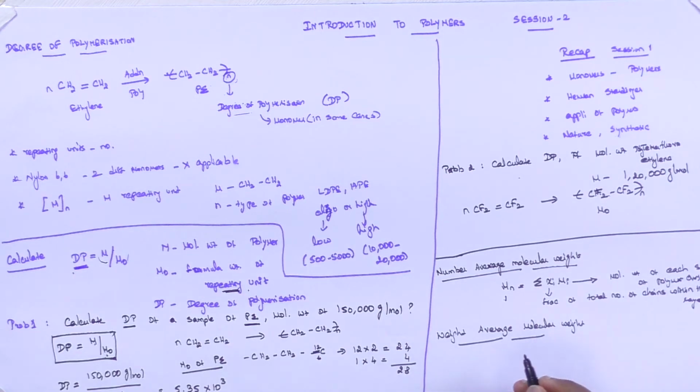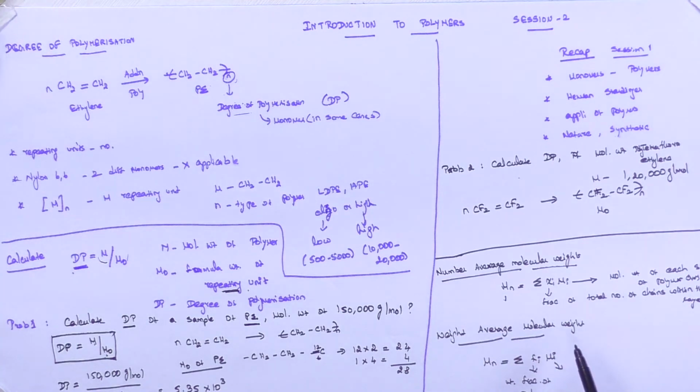Weight average molecular weight, Mw, is equal to the summation of Fi Mi, where Fi is the weight fraction of polymer chains and Mi is the molecular weight. Again the same thing, molecular weight of each size of the polymer chain. So, these are the formulas to calculate the number average and weight average molecular weights.